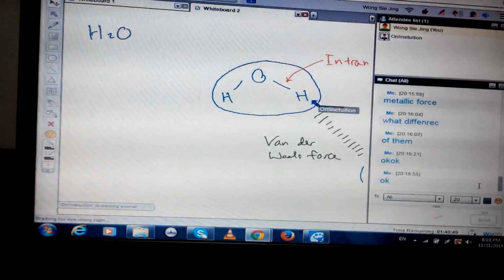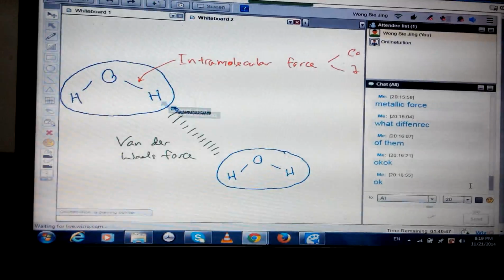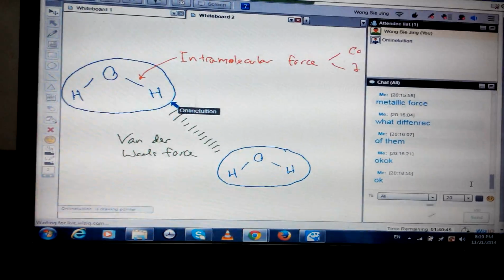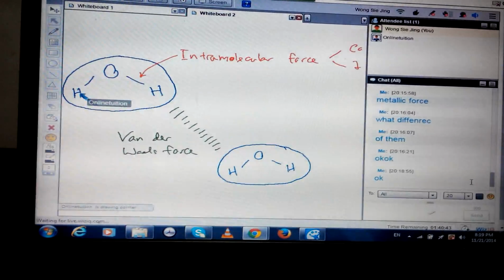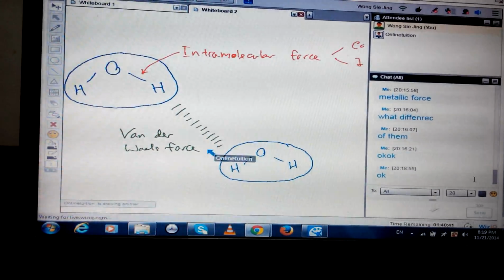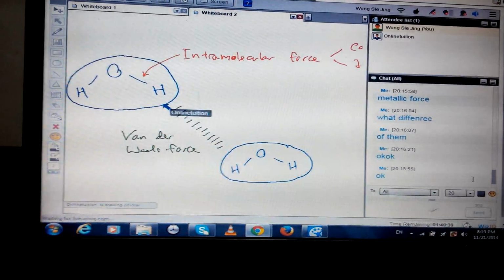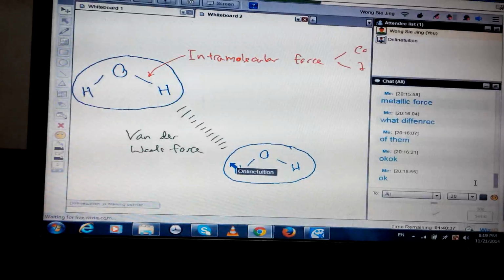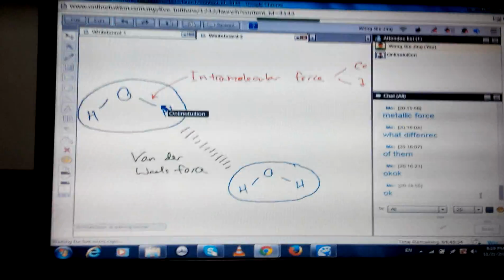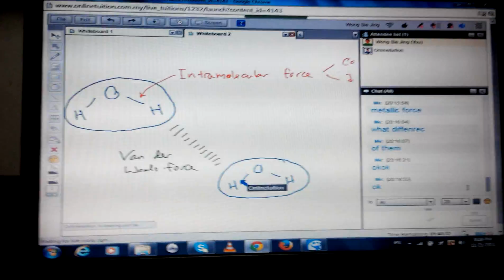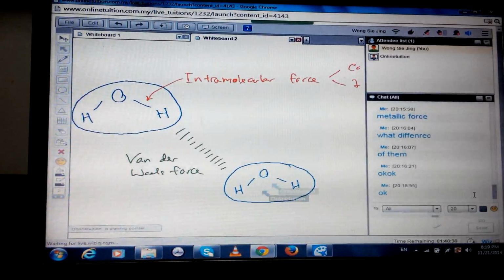It's a force that holds these molecules together. It's due to the movement of the electrons inside the molecule, so it creates a force. It's an electrostatic force, actually.